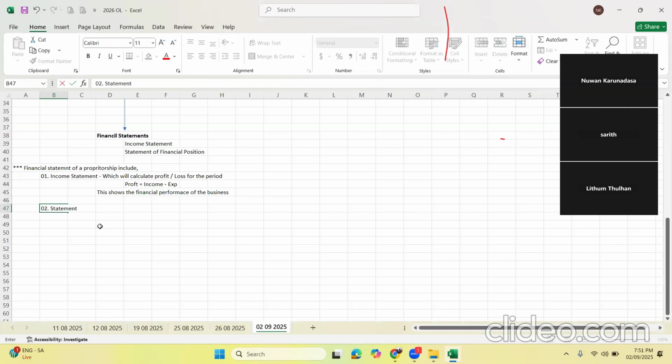Statement of financial position. Statement of financial position.